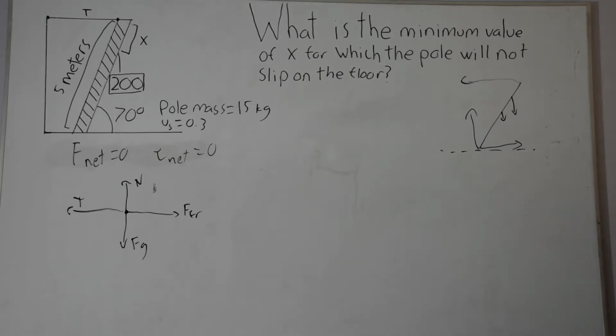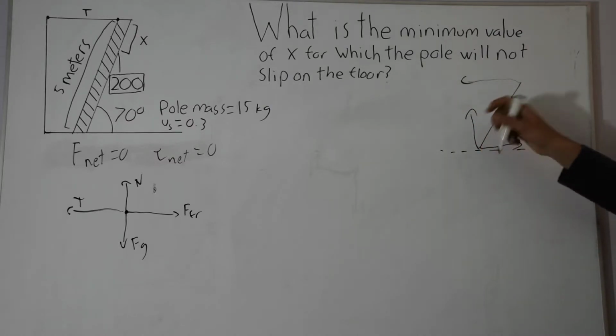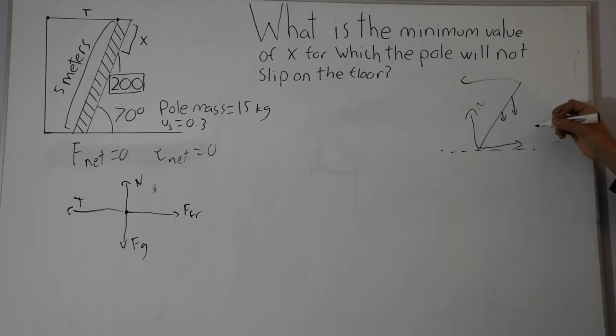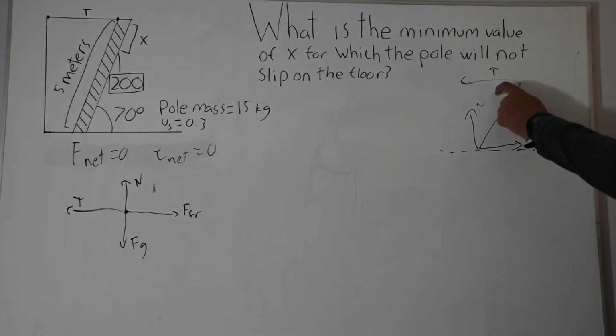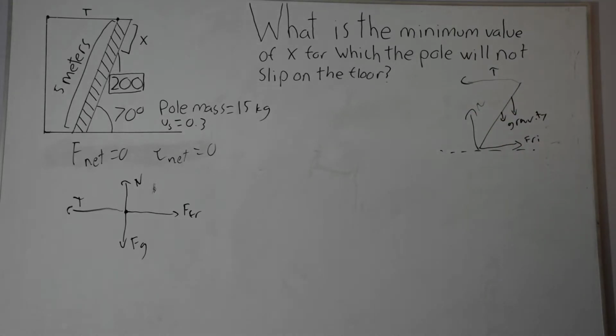Okay, so if we're thinking of all these forces, the normal force, friction, gravity, and tension, one of these forces we have no information about, and that's the tension force. So in order to make this question doable, we need to eliminate it from the problem.